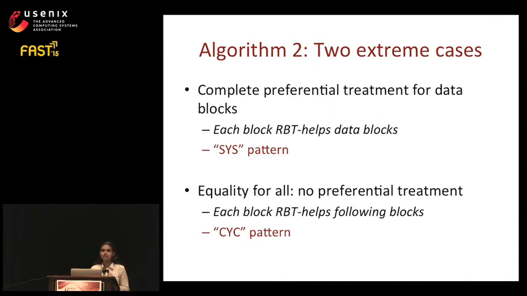That is, all the blocks help all the data blocks to the maximum extent possible, and we will refer to this helper assignment pattern as SYS. The second extreme case gives equal treatment to all the blocks, in which case it is optimal when each block helps the following blocks in RBT fashion in a cyclic pattern, and we will name this kind of helper assignment as CYC.